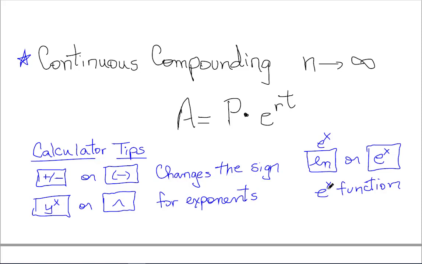If we need the e to the x function, sometimes it's on a key. For example, on your iPhone, it is on a key. If it's on a calculator, it's often sitting above a key. So you're going to have to use a shift or a second to access it.